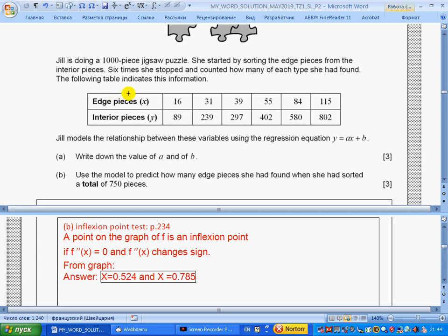The following table indicates this information: edge pieces and interior pieces. Jill models the relationship between these variables using the regression y equals ax plus b. Write down the values of a and b.